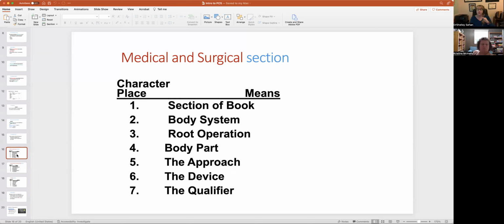The fourth character identifies the body part specifically. The fifth character identifies the approach. How did the doctor get there? The sixth character identifies any devices that may have been placed into this patient that will remain after the procedure is over. And the seventh character is the qualifier mishmash. Okay? Pretty straightforward.